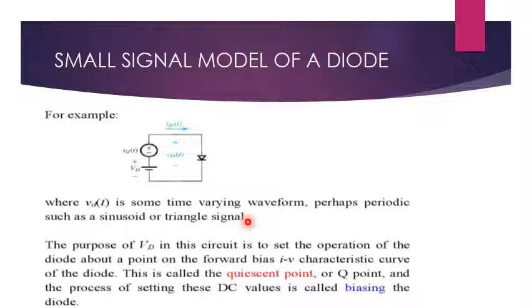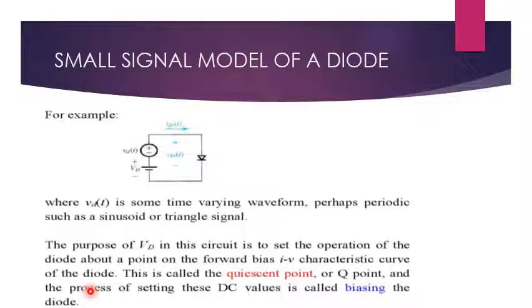The purpose of this VD, the DC source in this circuit, is to set the operation of the diode about a point on the forward bias IV characteristic curve of the diode. This is called the quiescent point or Q point, and the process of setting this DC value is called biasing the diode. I initially told you what biasing means.